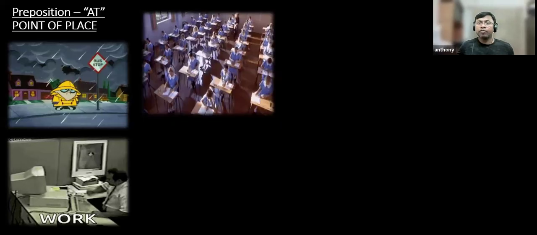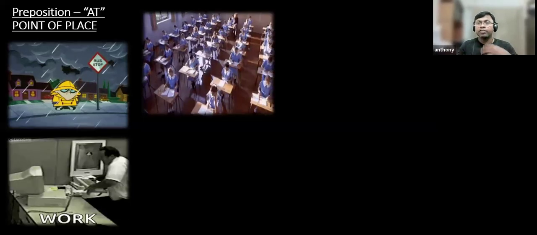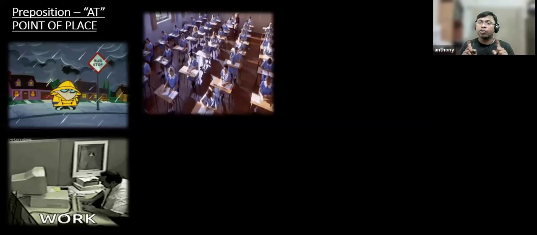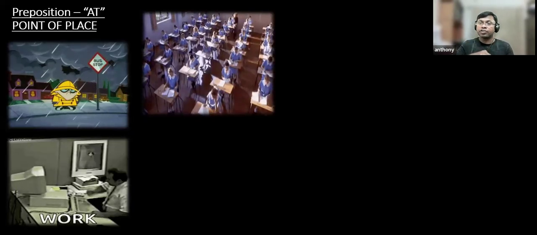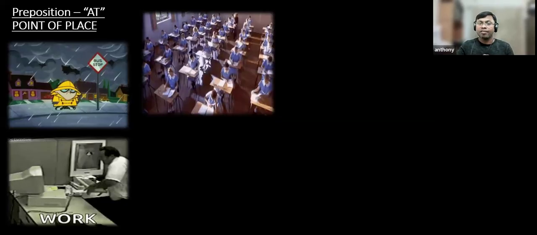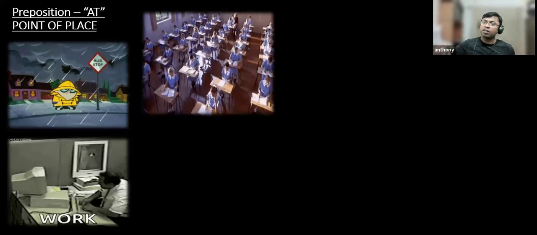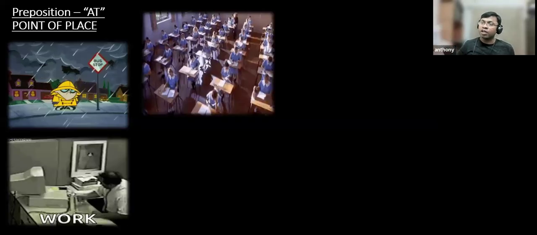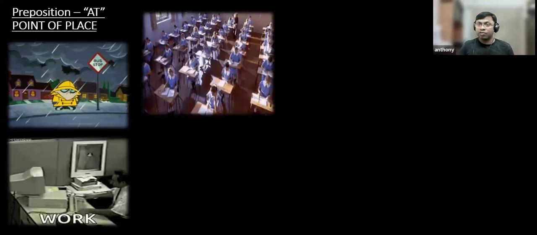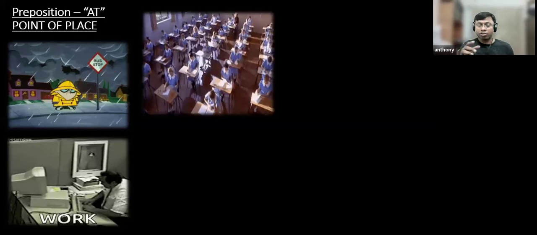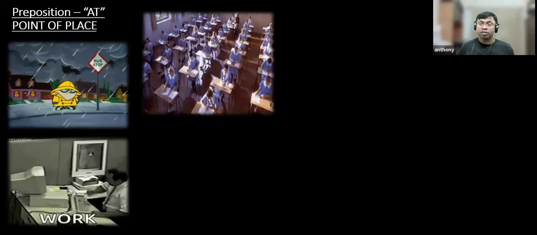I'm in work means you're working, physically you're doing something. I'm at work doesn't mean you're physically doing anything. You're at the workplace. Or work is happening at some place and you're there, just supervising or monitoring, looking at the work. So based on situation, you can use at or in for the work.